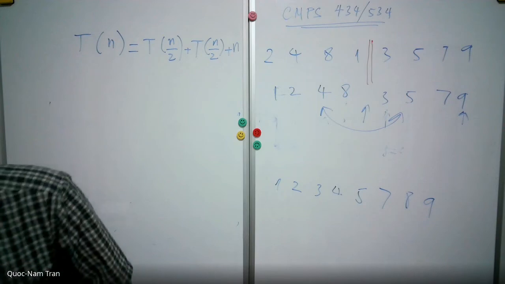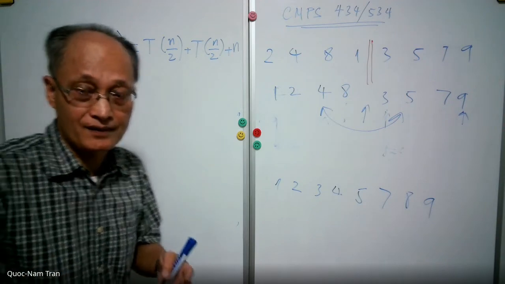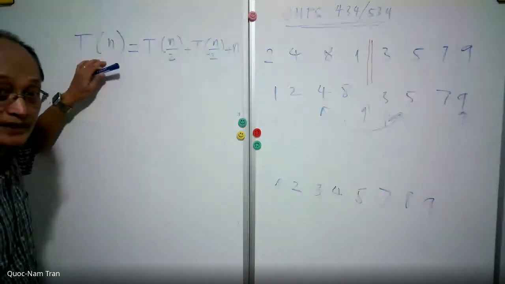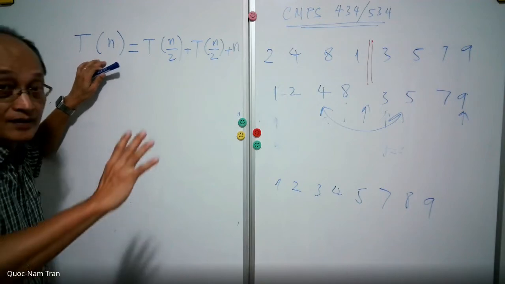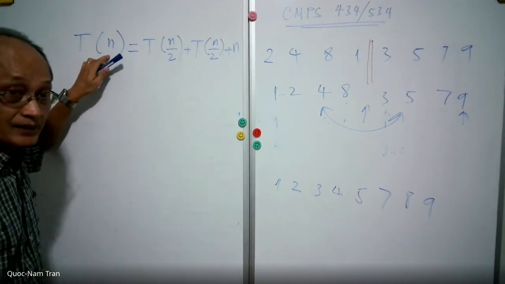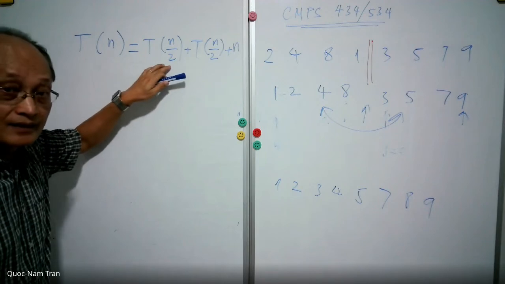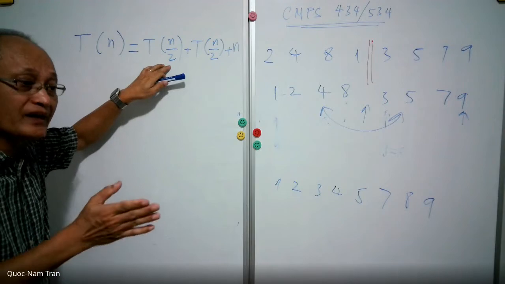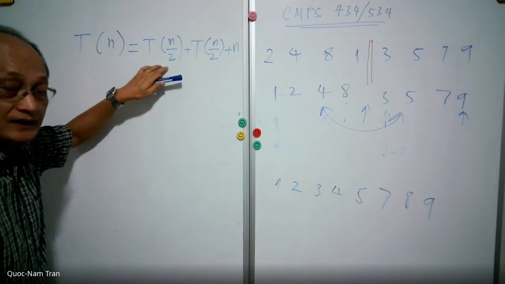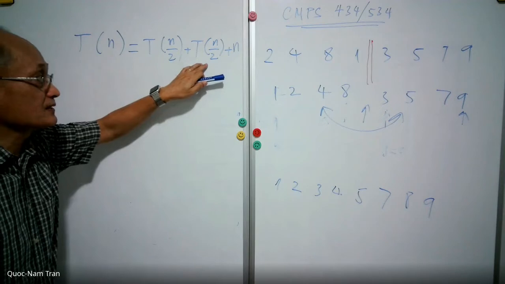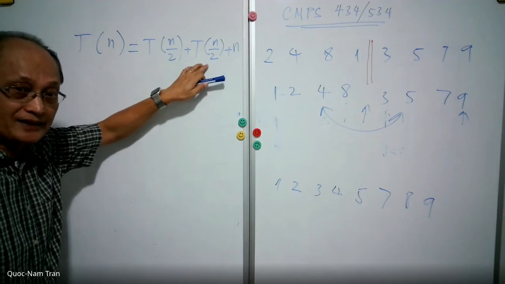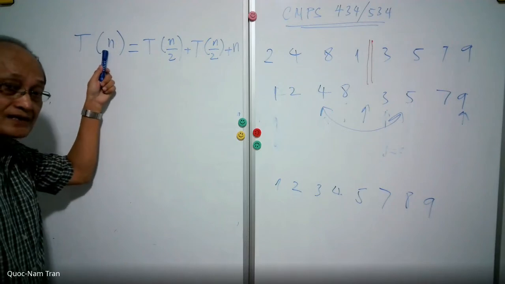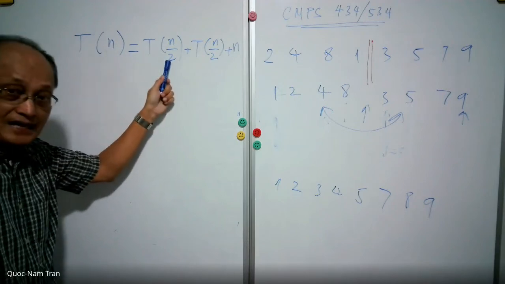Okay, so that's it. For the merge sort, the total number of steps for sorting a list of n elements is the total number of steps in which we recursively sort the left half and recursively sort the right half, right? The original list has n, the left half has n/2.